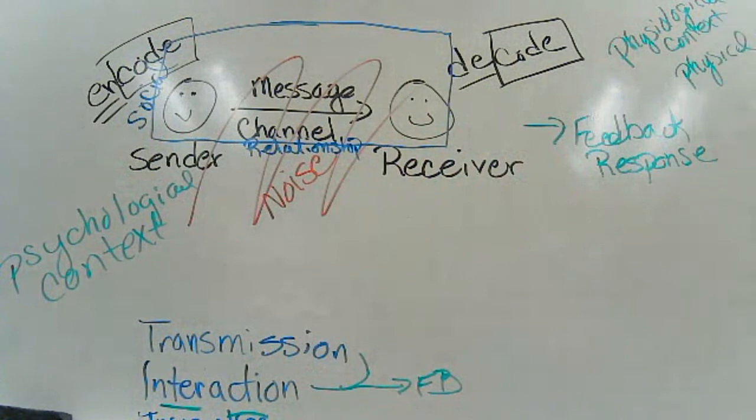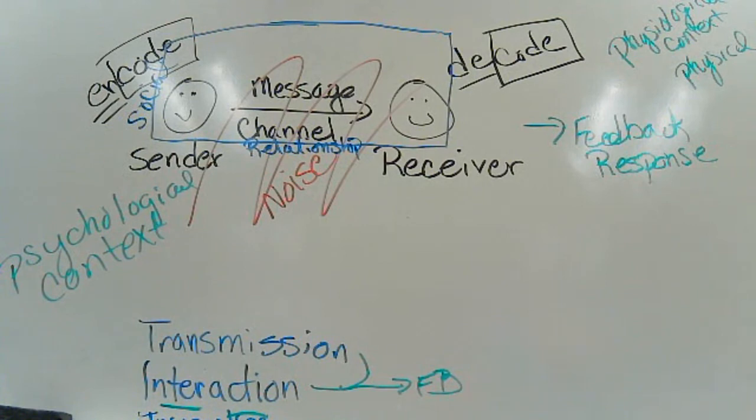So the social context might be supervisor to subordinate at work, or customer to employee, or it might be student to teacher, it might be President of the United States to citizen on the street, etc. So there's a lot that has to do with social status and power, okay?